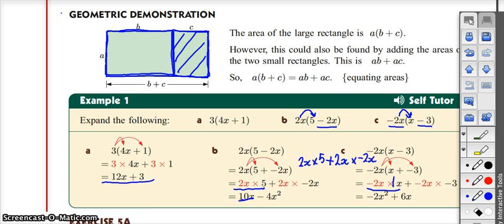Negative 2x times negative 3, because it's all of this. Negative 2x times negative 3. Negative and a negative is a positive. 2 times 3 is 6, and we've got x. So we're left with that.